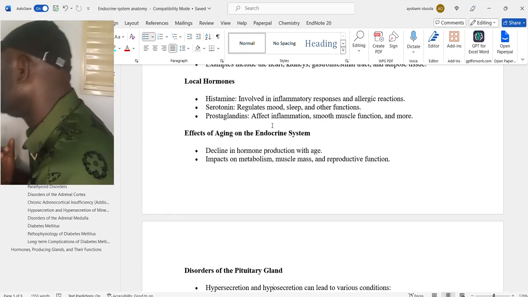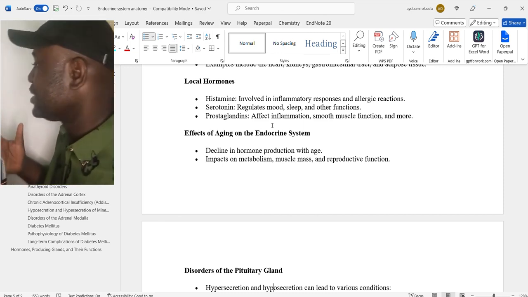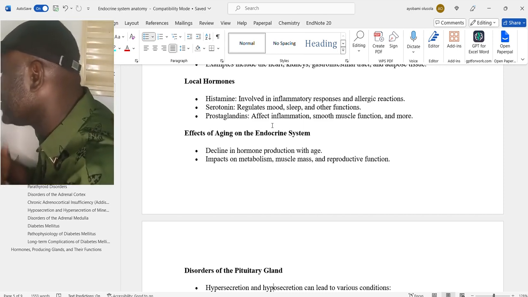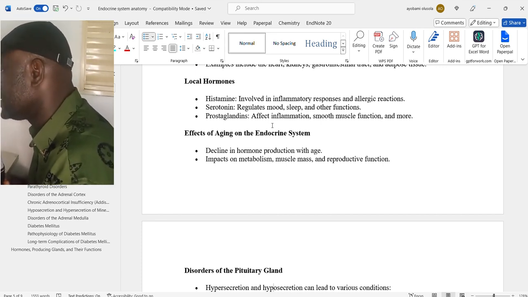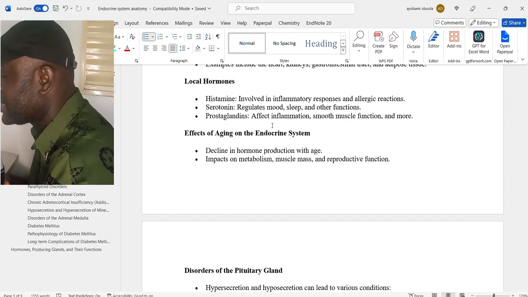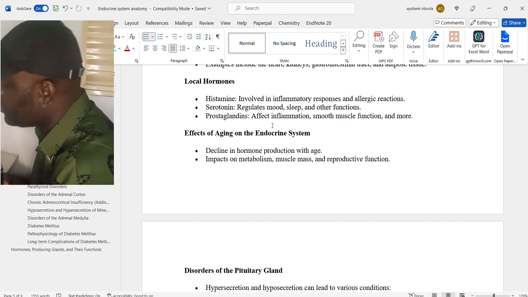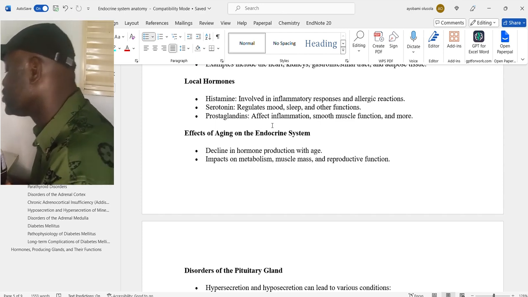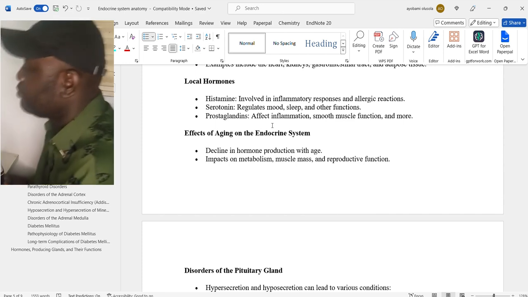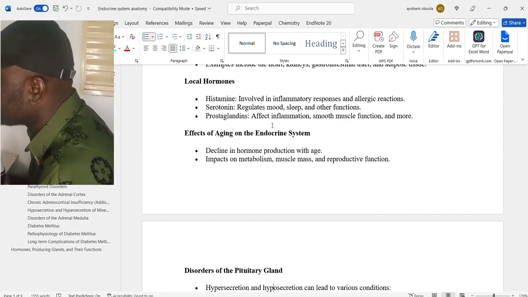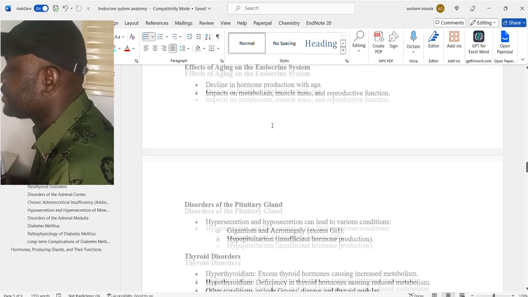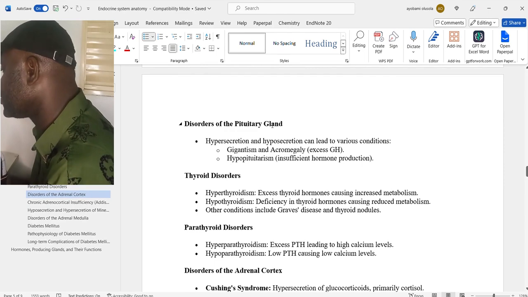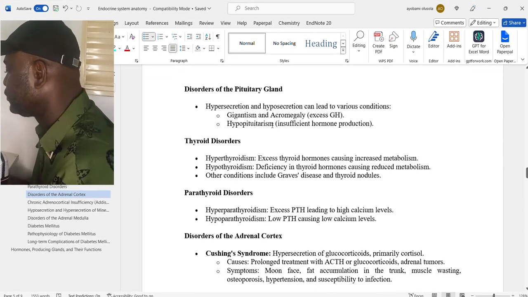When they are released, they act in the immediate environment of where they are released, like histamine. Histamine is involved in inflammatory responses and allergic reactions. It's produced by mast cells. Serotonin regulates mood, sleep, and other functions. Prostaglandins affect inflammation, muscle function, and more.